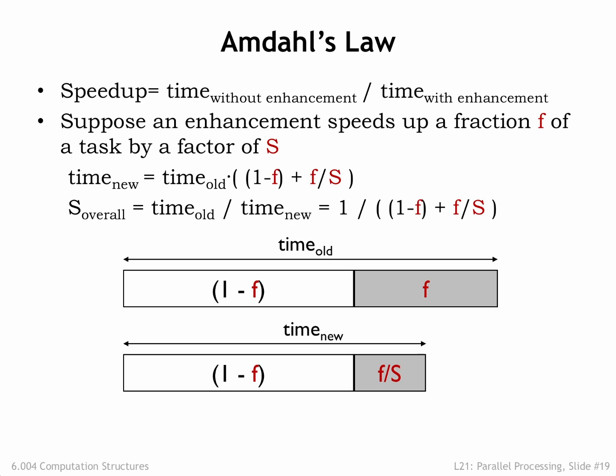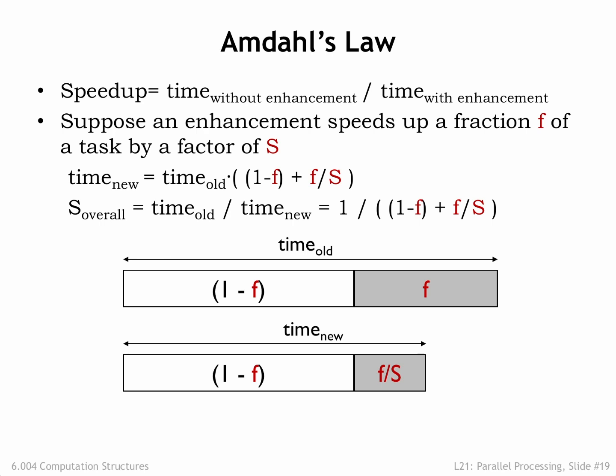To understand the speedup we might expect from exploiting parallelism, it's useful to perform the calculation proposed by computer scientist Gene Amdahl in 1967, now known as Amdahl's law. Suppose we're considering an enhancement that speeds up some fraction f of the task at hand by a factor of s.